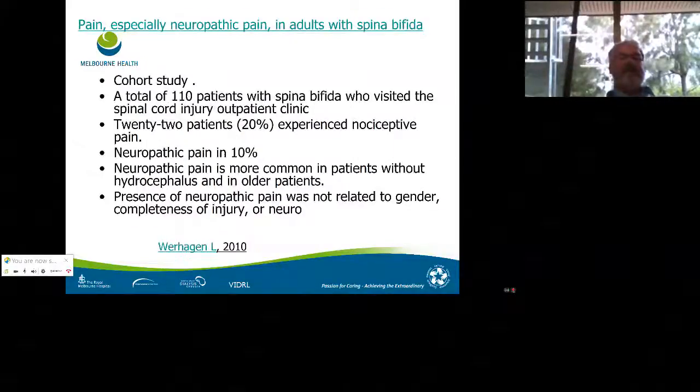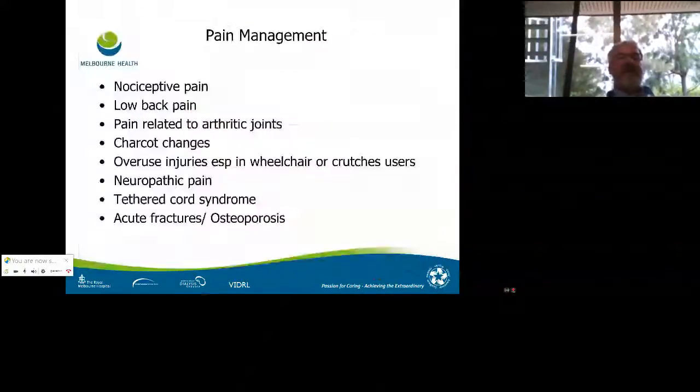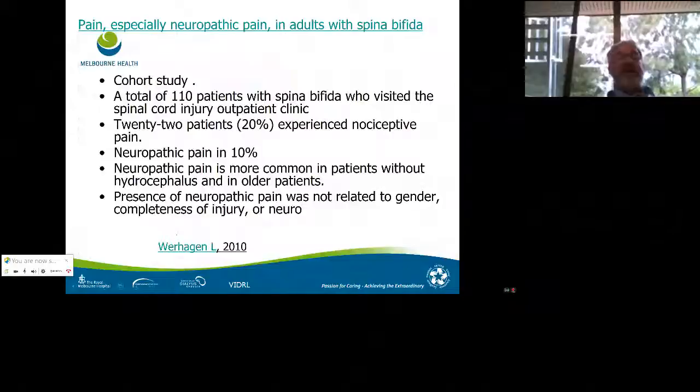Musculoskeletal, so again, 22% of this cohort study experienced nociceptive pain, often low back pain, and 10% had neuropathic pain, and interestingly more prevalent in patients without hydrocephalus.